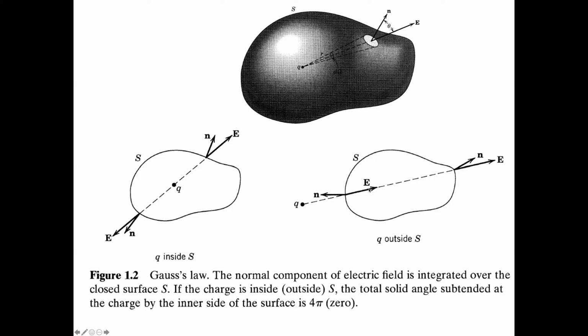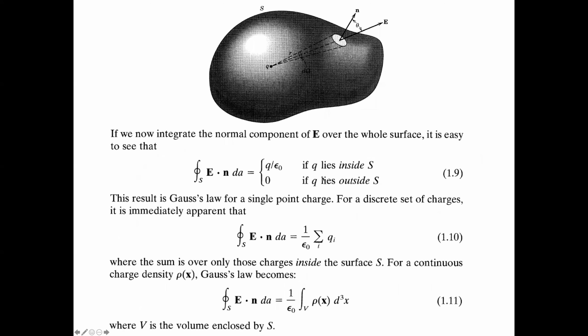And of course, if N and E are at a 90-degree angle, it will result in 0. So if you sum every dot product of E and N over all the surface areas, then what you have is 0. So if Q is outside S, then the integral equals 0.